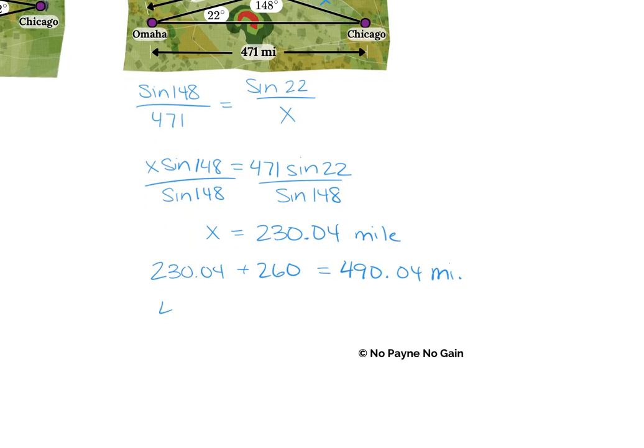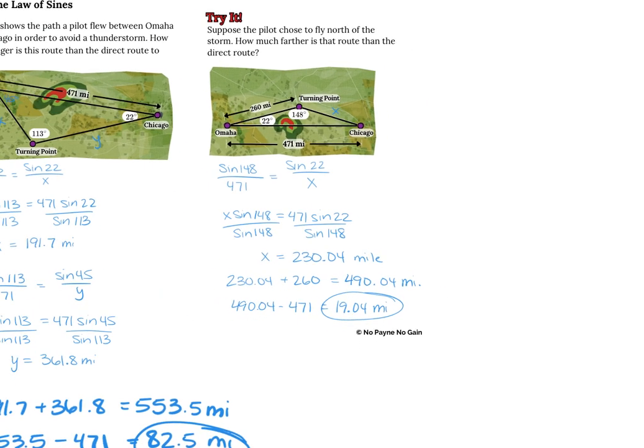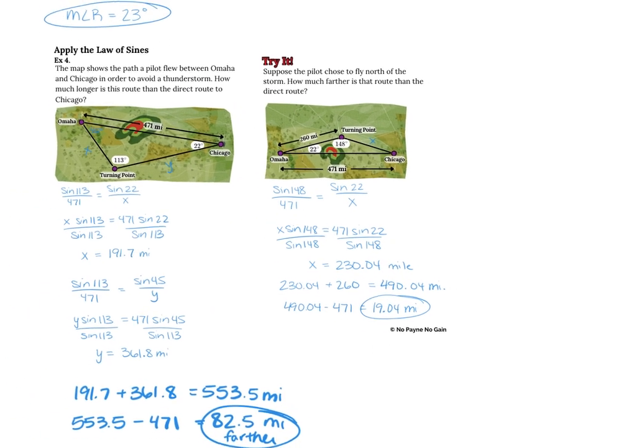So we'll take the 490 and subtract off our original amount of 471 that we would have traveled to get from Omaha to Chicago. And that would be 19.04 miles. So going north would be a shorter route than going south.